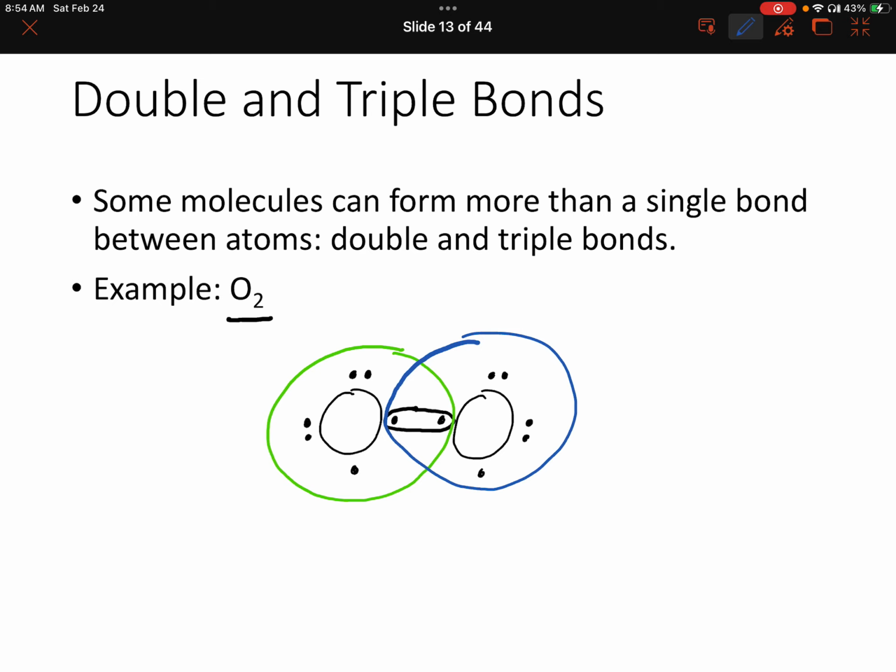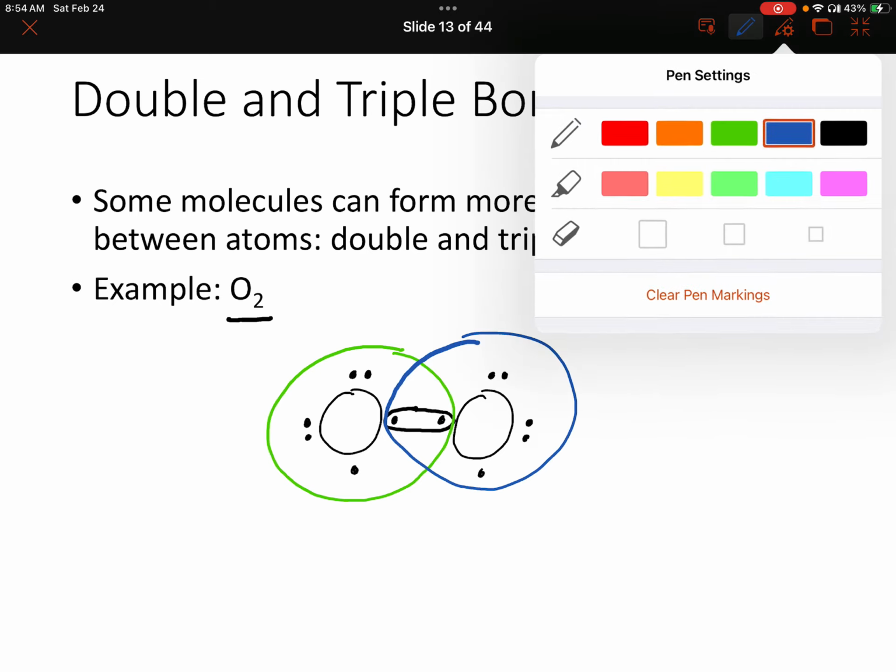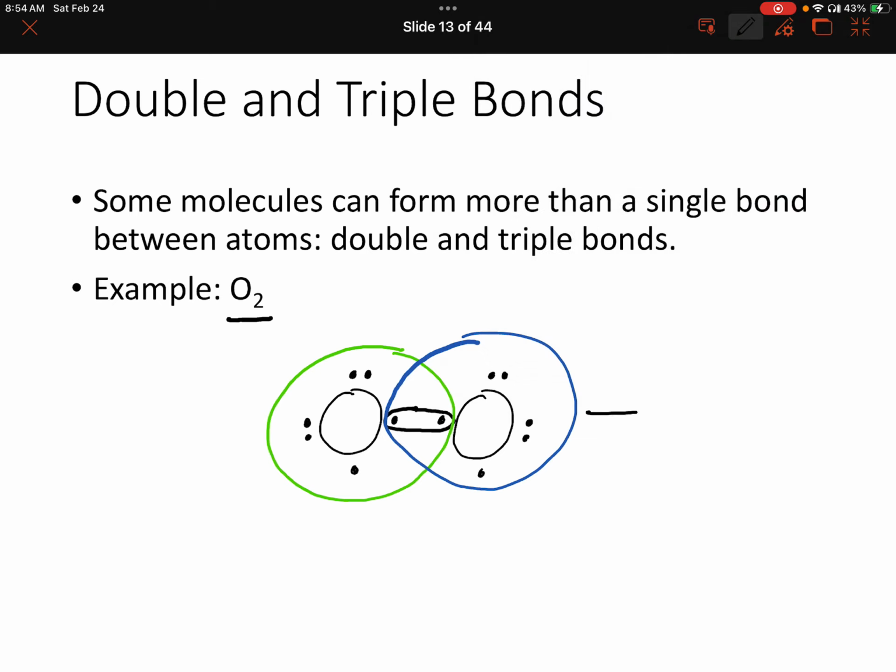Okay, so that means we need to adjust our figure slightly. You might have noticed that there are 2 unpaired electrons down here. So what if we move those over so that we can create a second bond?